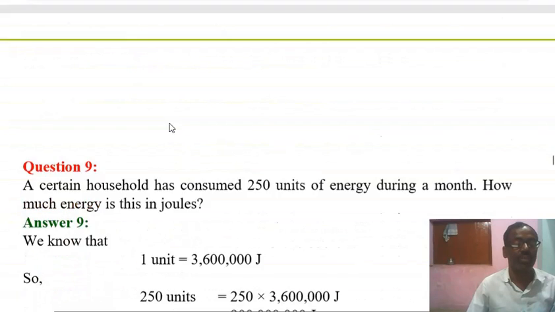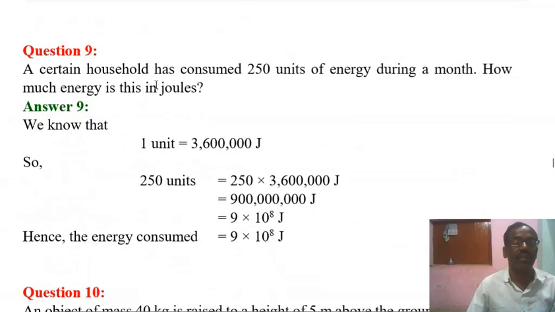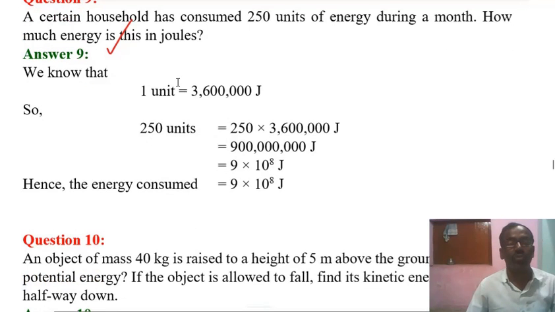Let's see next question. Question number 9. A certain household has consumed 250 units of energy during a month. How much energy is this in joules? So 1 unit equal to 3.6 into 10 to the power 6 joule.